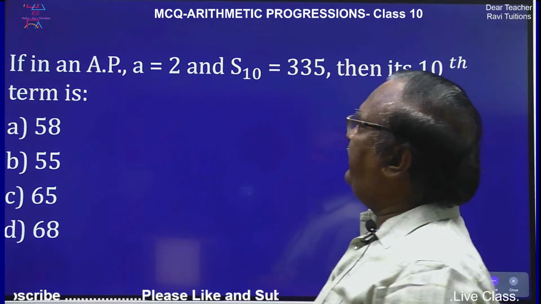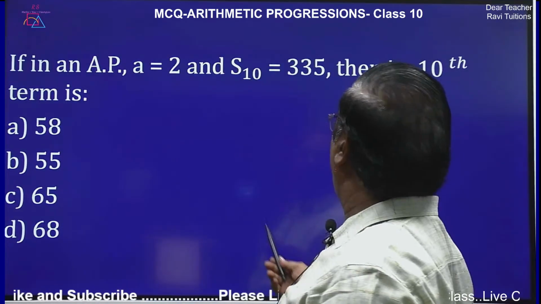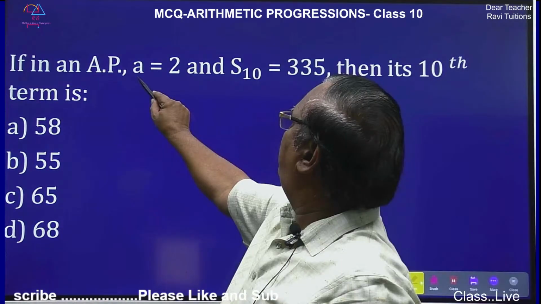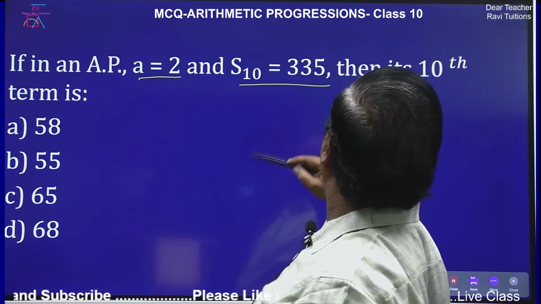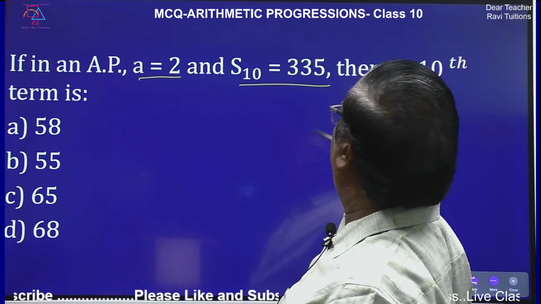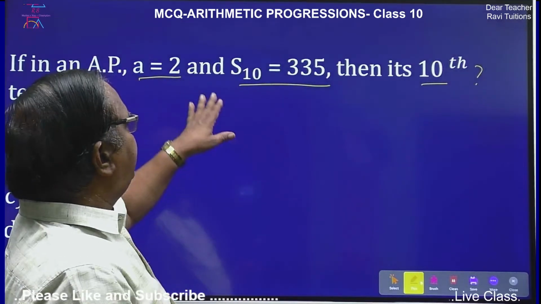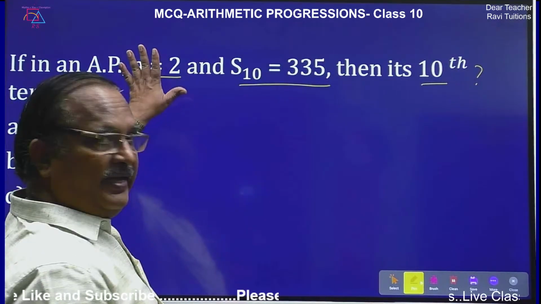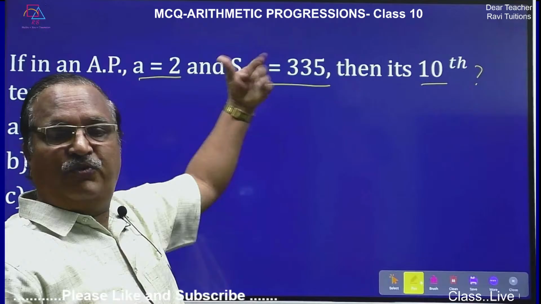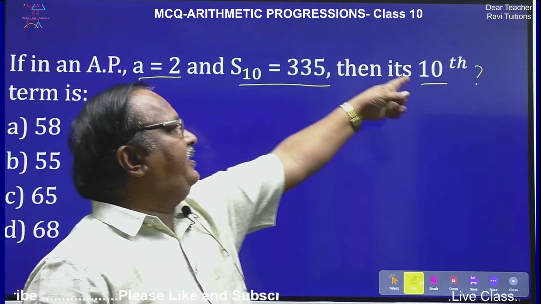Let us go to another question. If in an AP a is equal to 2, S10 is equal to 335, then the 10th term is equal to question mark. So now in this a is given, from this you will get d, and using a and d, you will get the 10th term.